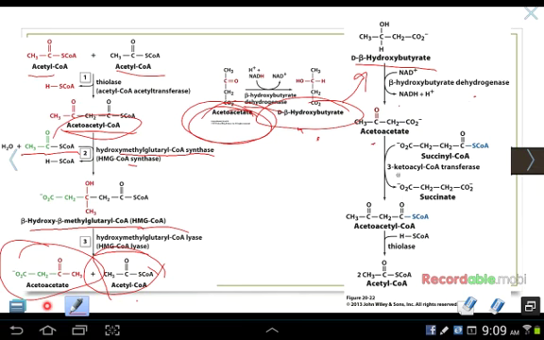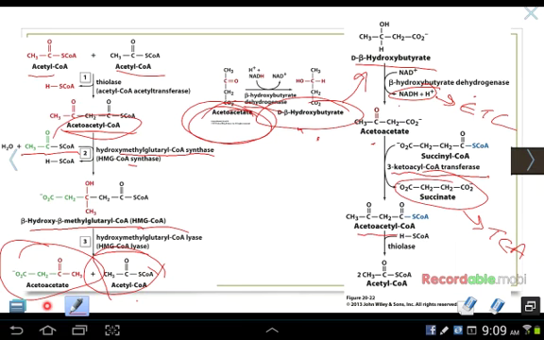Acetoacetate is then combined with succinyl-CoA with a 3-ketoacyl-CoA transferase. So we end up with succinate. Again, that can go through the citric acid cycle and the electron transport chain. We have acetoacetyl-CoA, right?